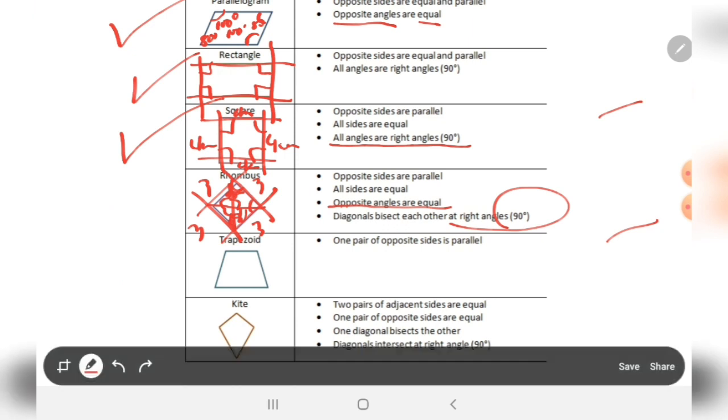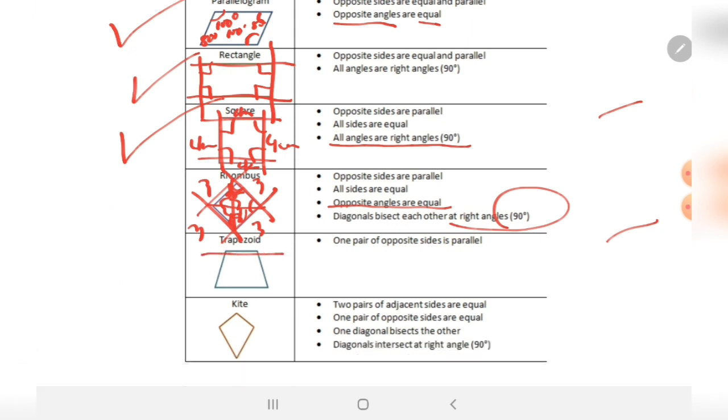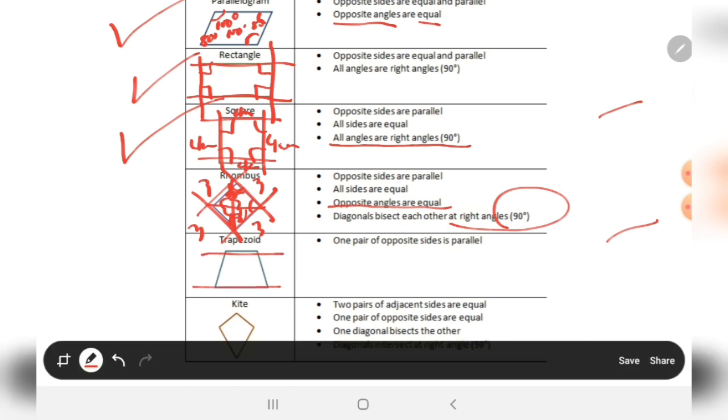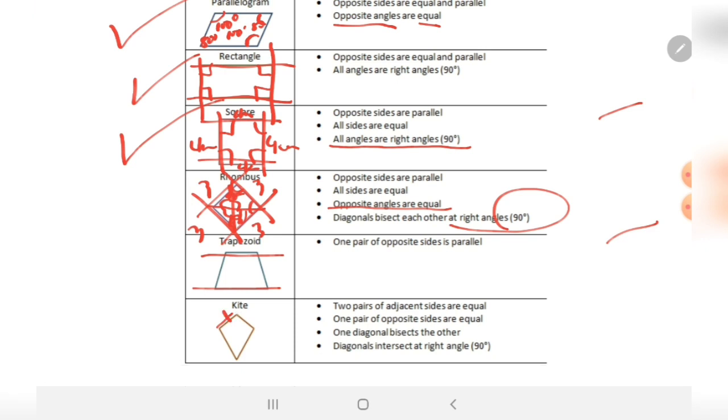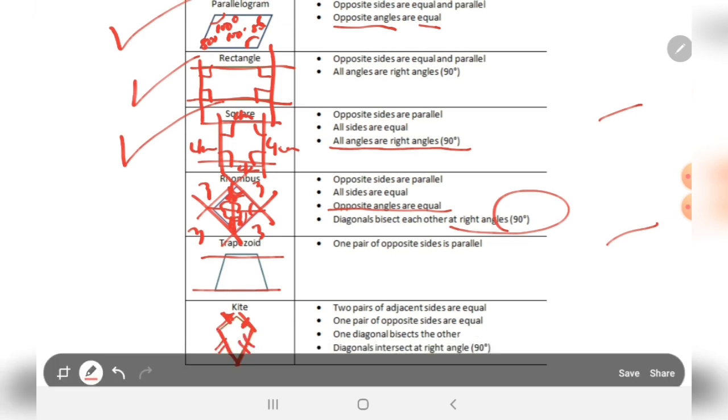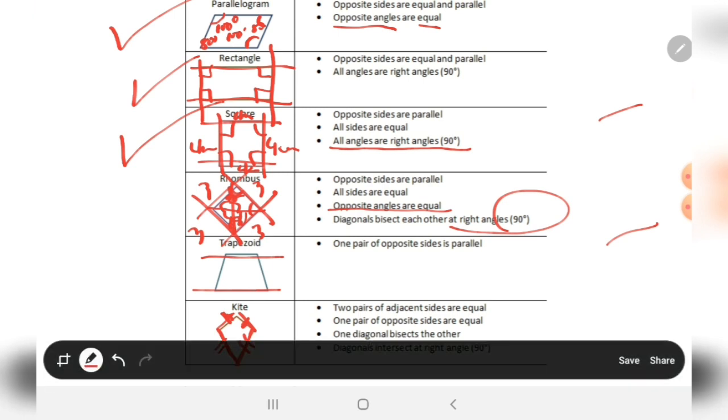Trapezoid. One pair of opposite side is parallel. Okay, so we have here parallel. And that's all. That is trapezoid. Next, two pairs of adjacent sides are equal. So we have here first pairs of sides. They should be equal. In here, they are equal to here. Next, in here, it should be equal to this side.